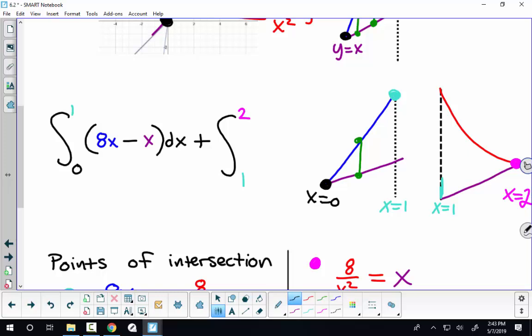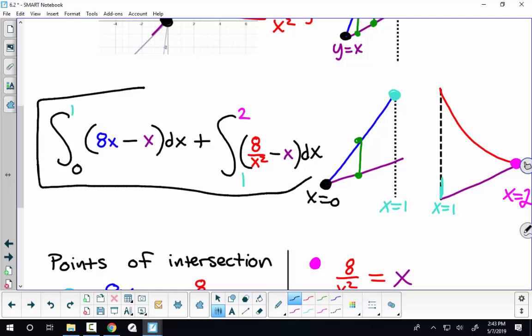Distance, or height, if you will, is the top minus the bottom. 8 over x squared minus x dx. So this is what we have to compute in order to compute that area. Does anyone have any questions?